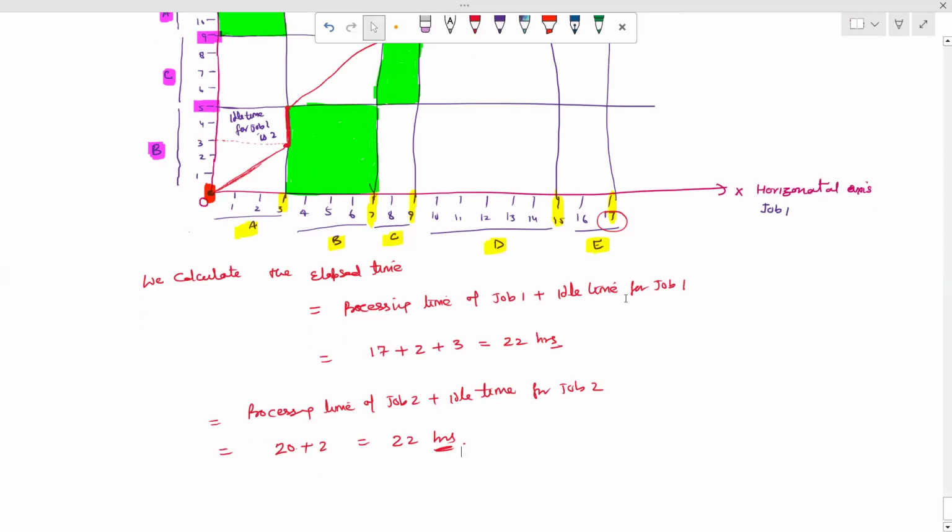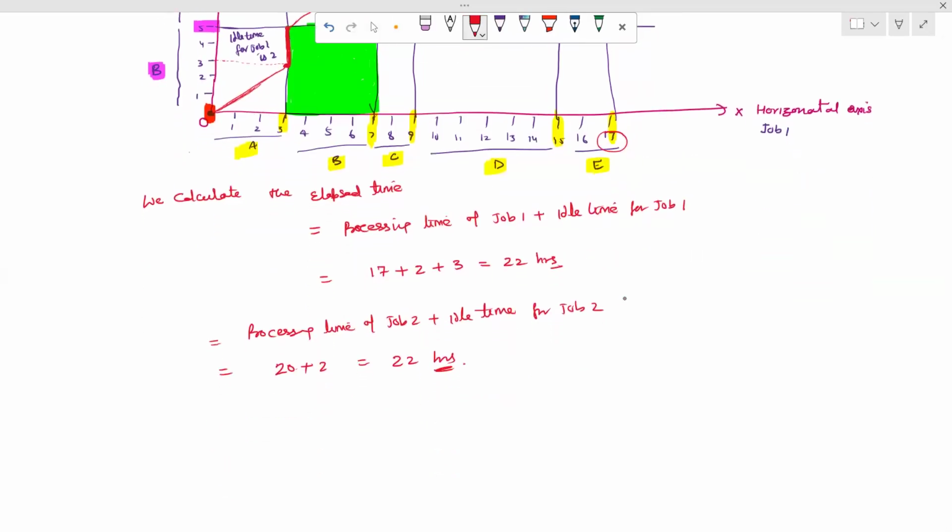So here we write down job 1 before job 2 on machine A. So we have A this side.